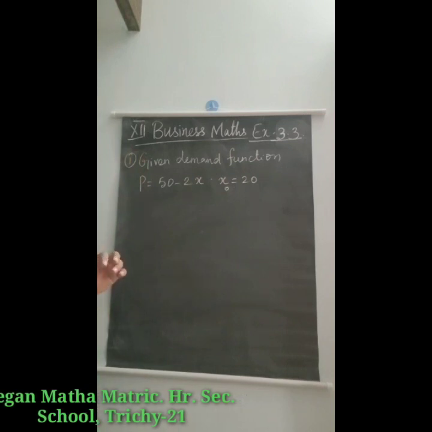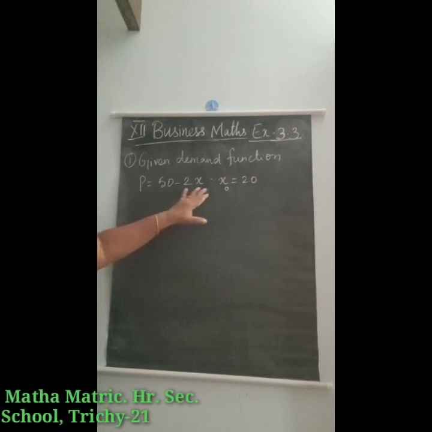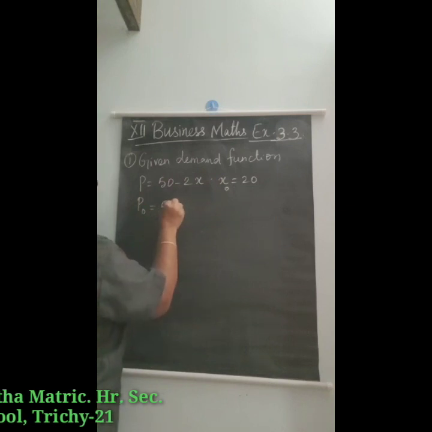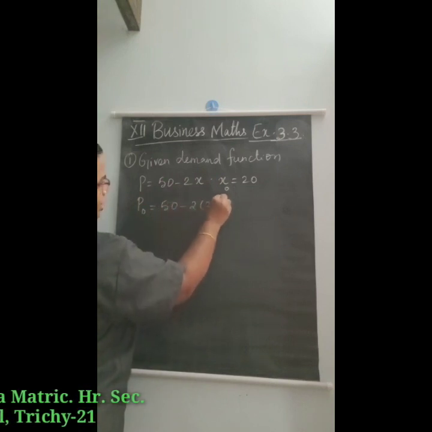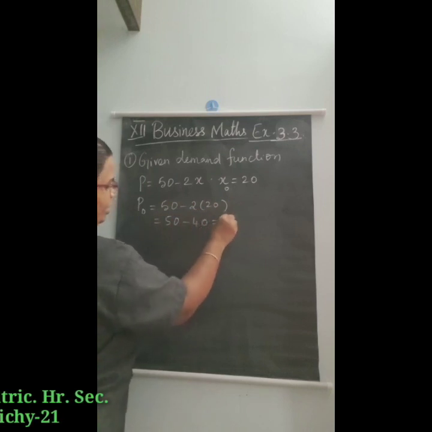And P naught. What is P naught? We have to find out P naught, means instead of x you have to substitute 20. That is P naught is equal to 50 minus 2 into 20. So that is equal to 50 minus 40, that is equal to 10.